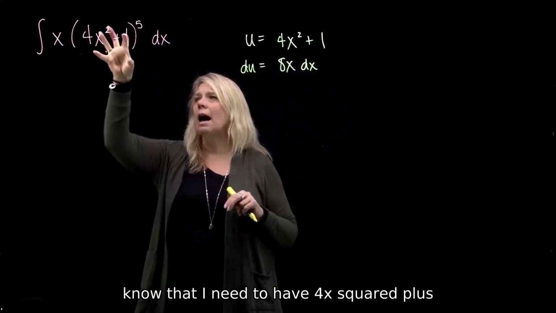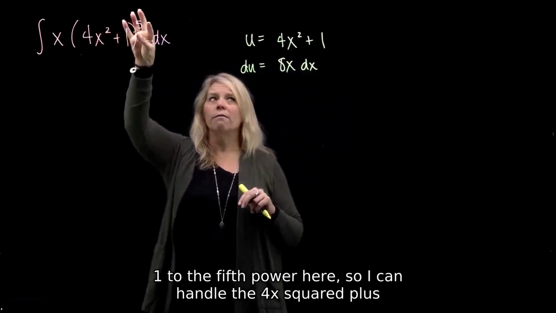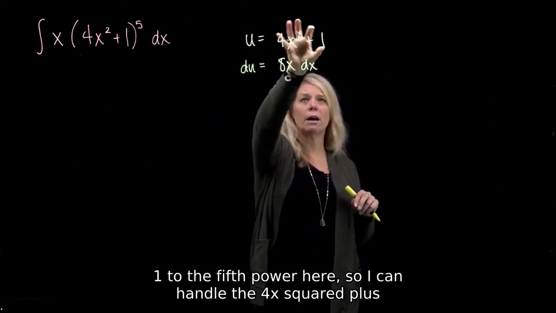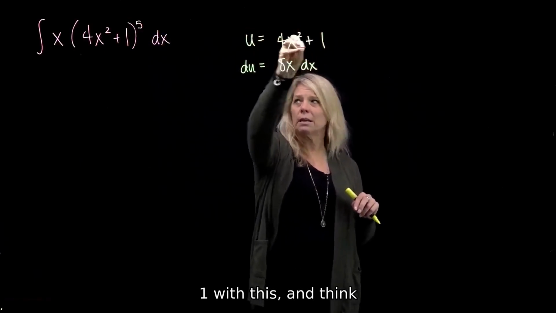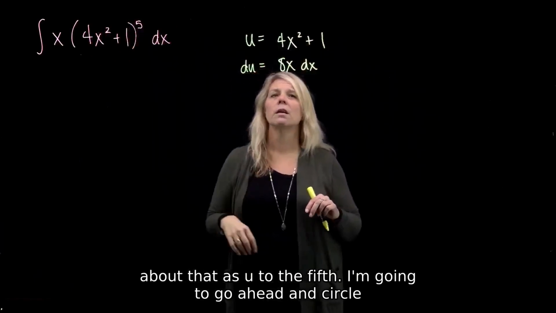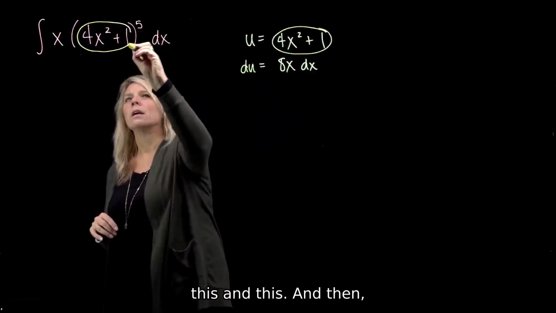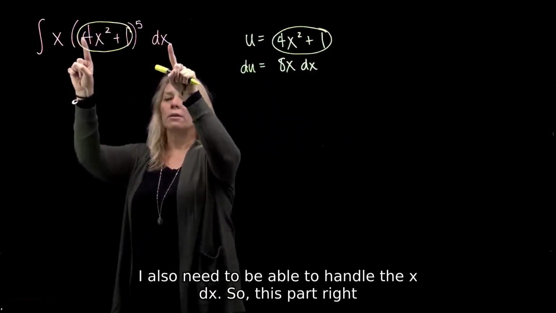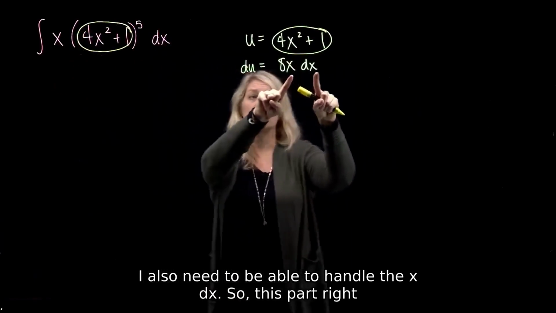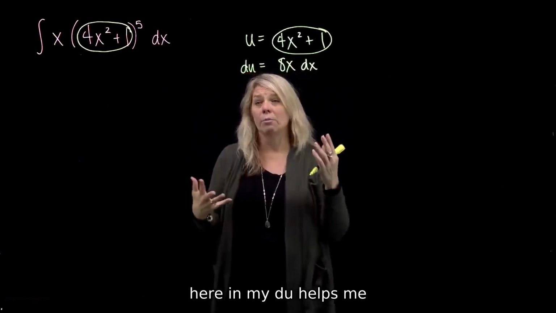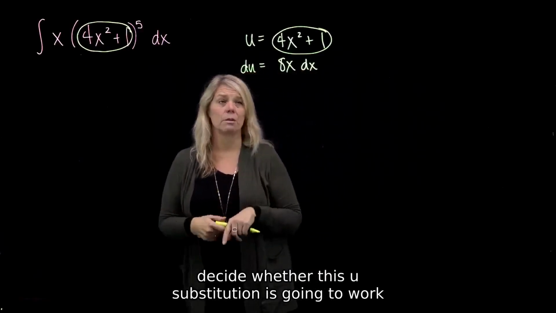I know that I need to have 4x squared plus 1 to the fifth power here, so I can handle the 4x squared plus 1 with this and think about that as u to the fifth. I'm going to go ahead and circle this and this. And then I also need to be able to handle the x dx.